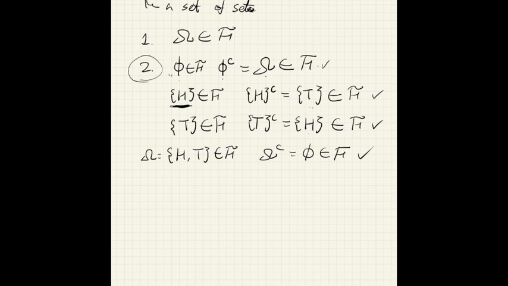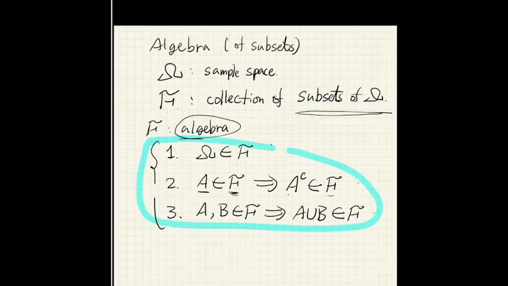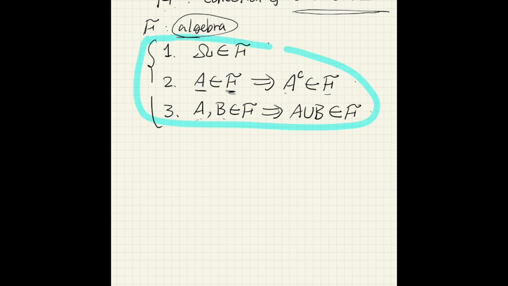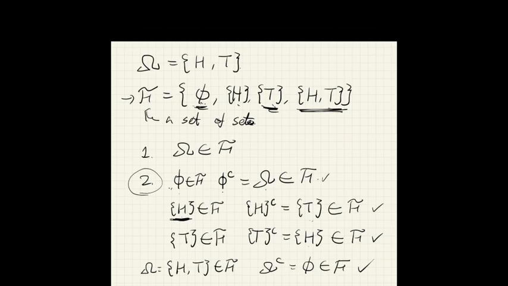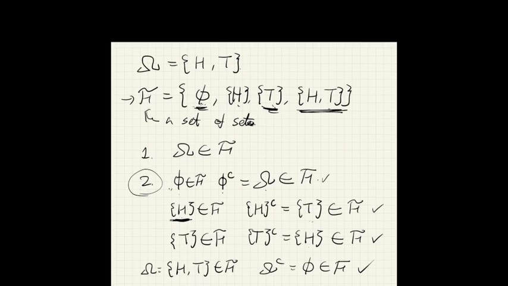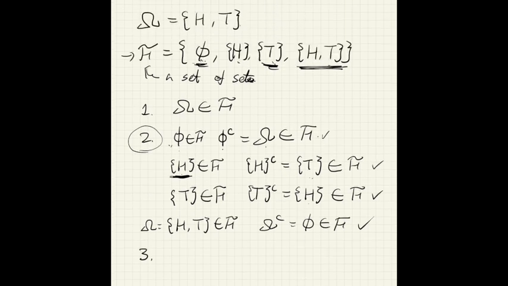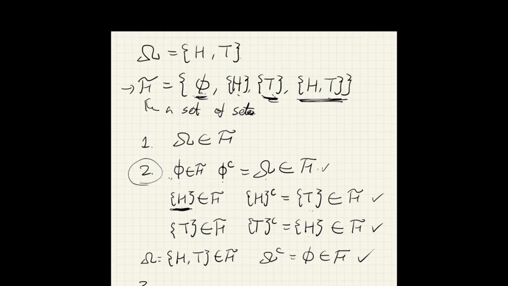Then let's check the third axiom. That says if we take any pair from this F, their union is also a member. Okay, so let's take, you can actually try all pairs like this and this.